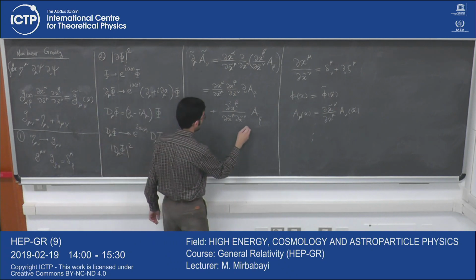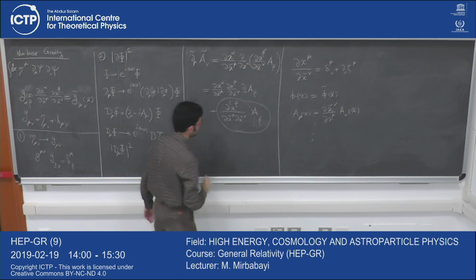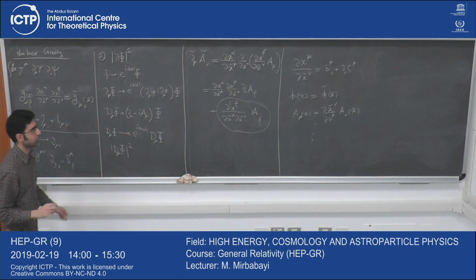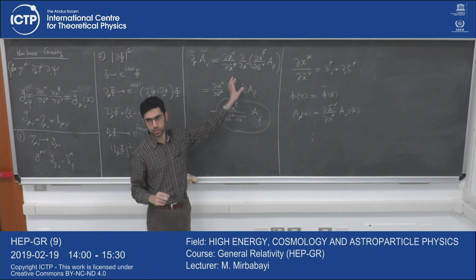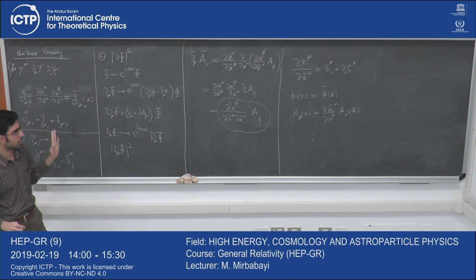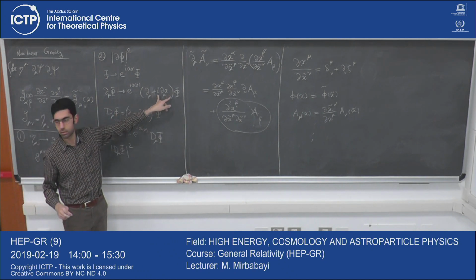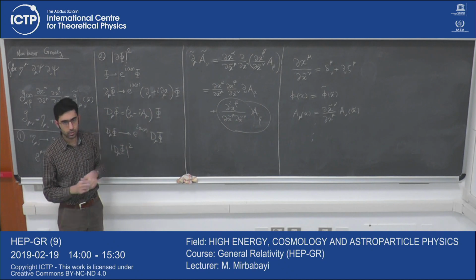So there is this extra term. If it was just the first term, it would be the transformation of the tensor, but now there is this extra piece. It's very similar to this extra piece that we have here.